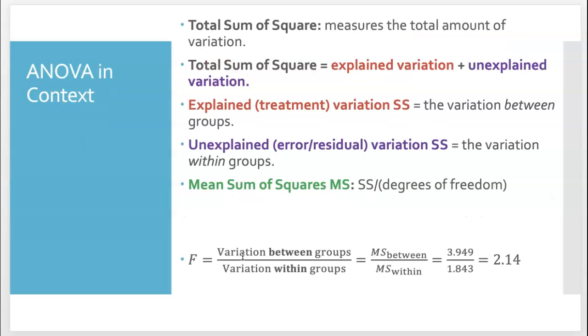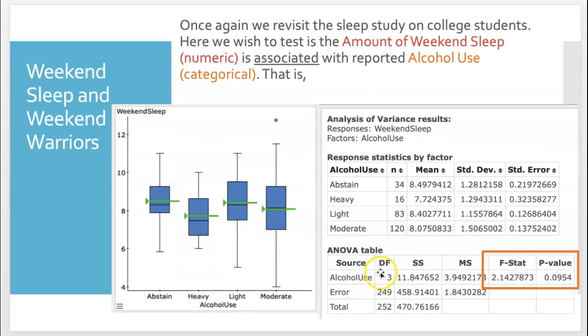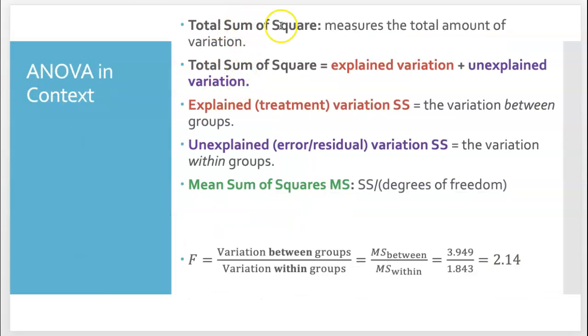Just in terms of the table, you see a lot of new notation: source, DF, error, SS, MS. We're going to explain what these mean in a second. On the very bottom we see total.